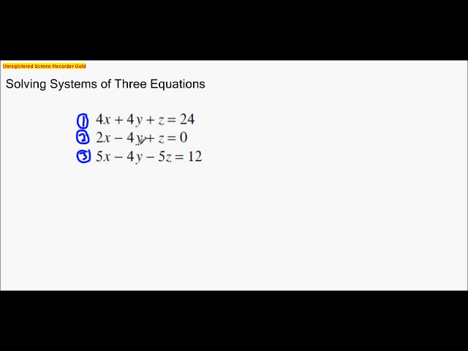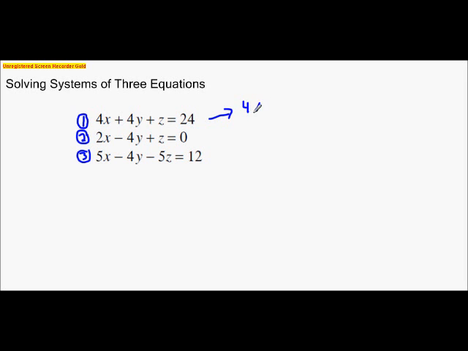For example, if I look at equations number 1 and number 2, I have a positive 4y and a negative 4y. If I add equation 1 to equation 2, the positive 4y and the negative 4y will cancel out. So I'm going to rewrite these over here and add them together.